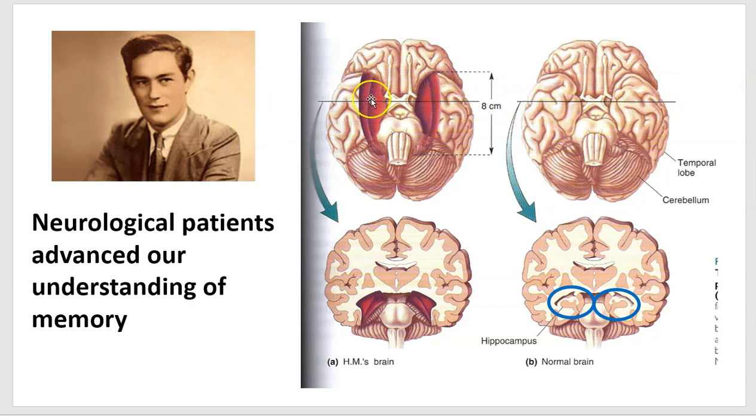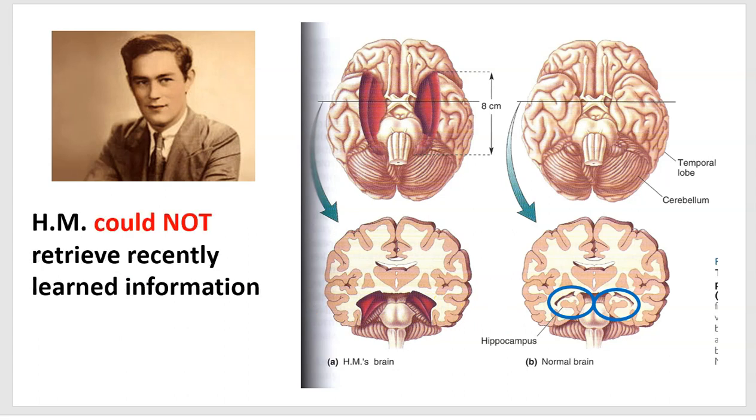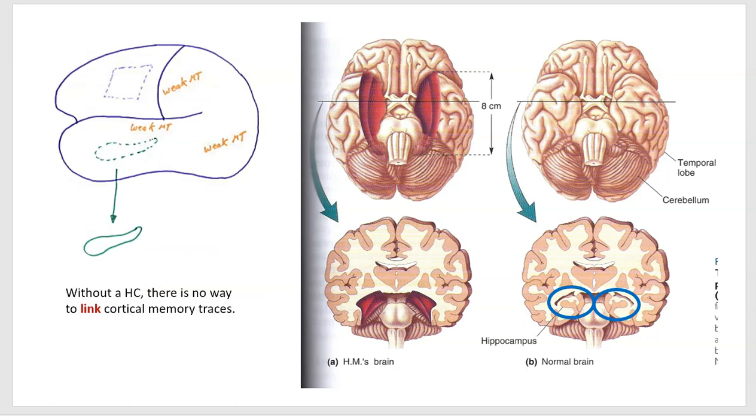A lot of that tissue was removed on both sides. Here down bottom here, we see a slice through the brain, and here the location of the hippocampus on each side. And again, the hippocampus was removed on both sides of his brain. So HM could not retrieve recently learned information, so the inference, the conclusion was that the removed tissue somehow played a role in that memory process.